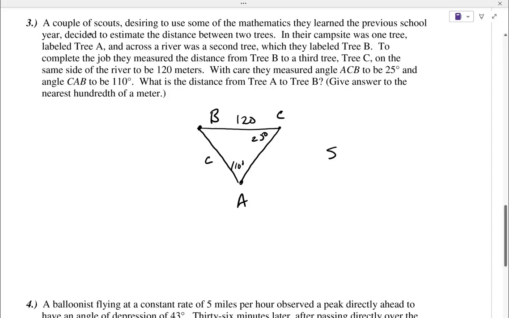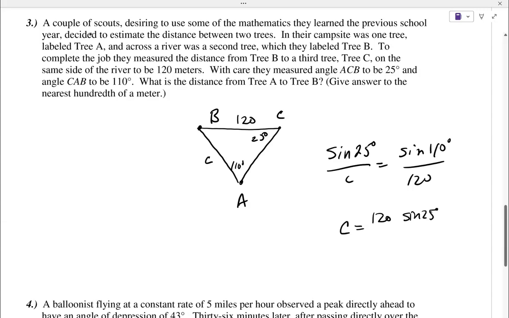Sine of 25 over c equals sine of 110 over 120. Again, like I said, once you get the picture set up, it's just a matter of doing the same stuff we've been doing with the triangles.